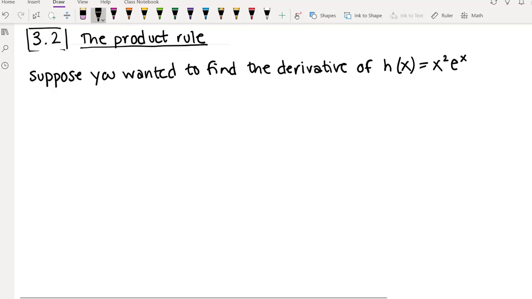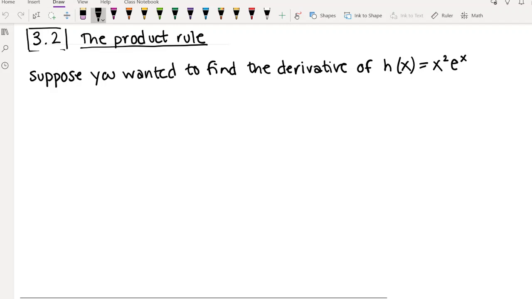We don't know how to take the derivative of a function like this yet, right? We know how to take the derivative of x squared, that uses the power rule. And we know that the derivative of e to the x is just e to the x, but we don't know how to take the derivative of the product of two functions that can't be simplified together.